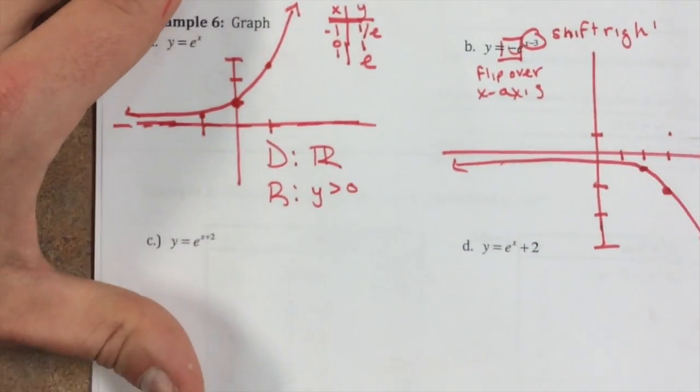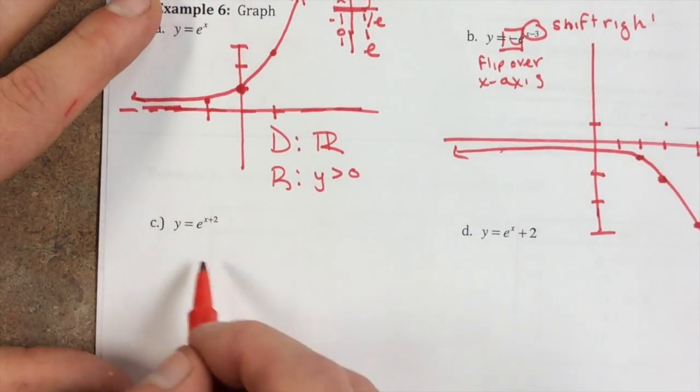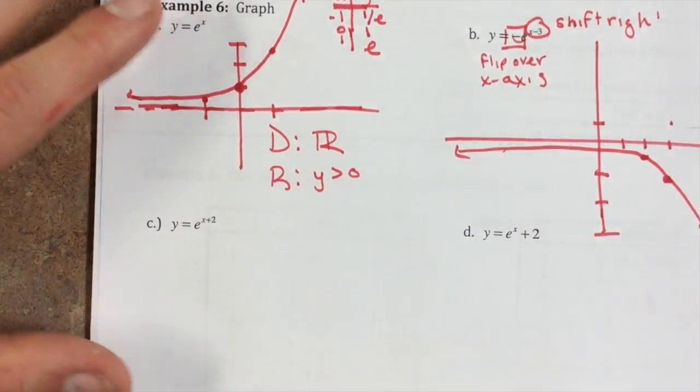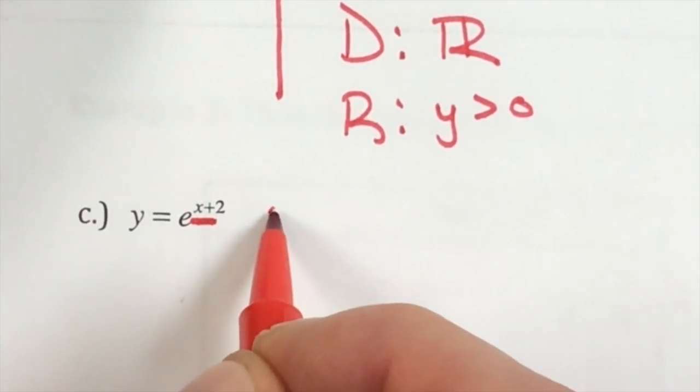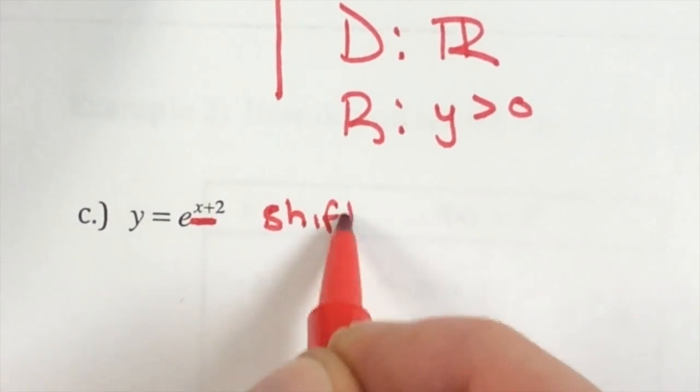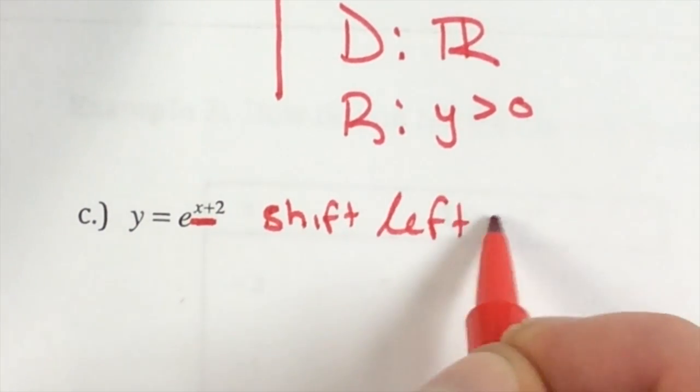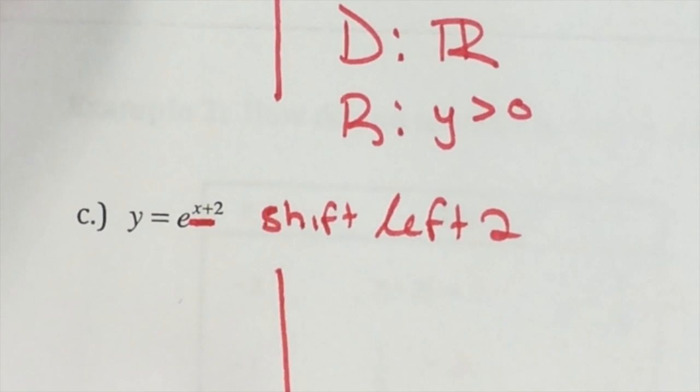So let's continue looking at some of these other graphs. If I have y equals e to the x plus 2, if I look at this x plus 2 here, that's a shift left 2. So how do I shift my graph left 2? At -2, I'm going to get 1.